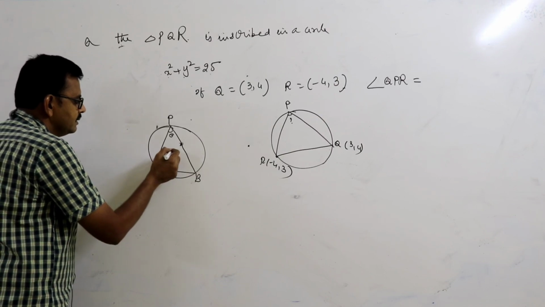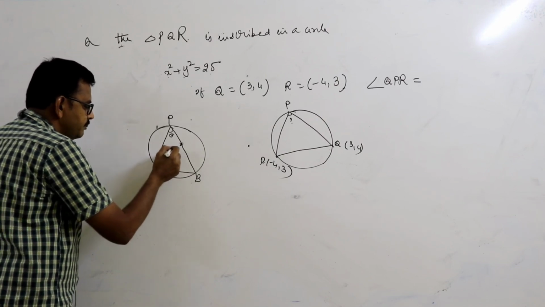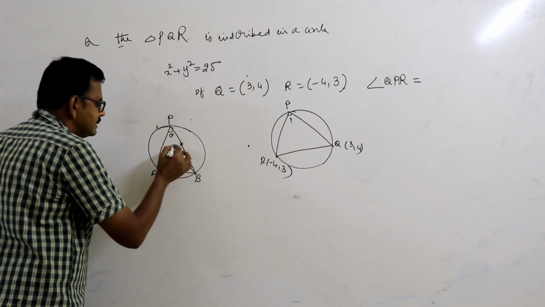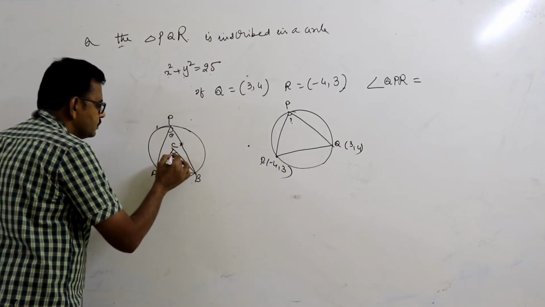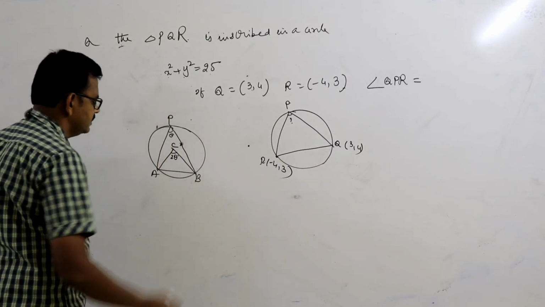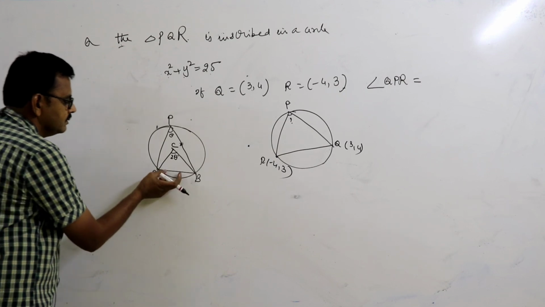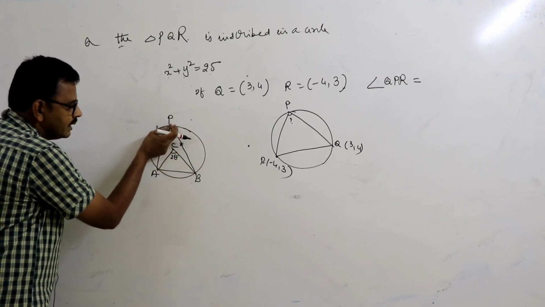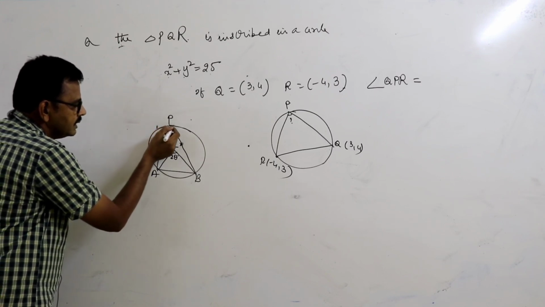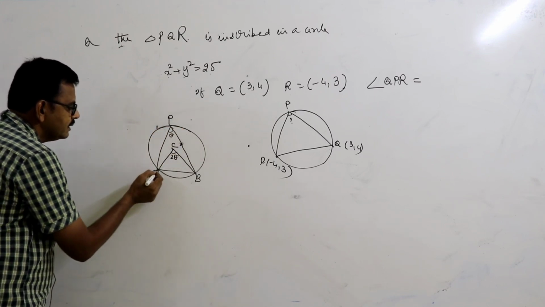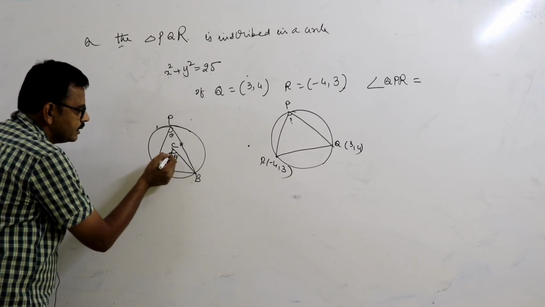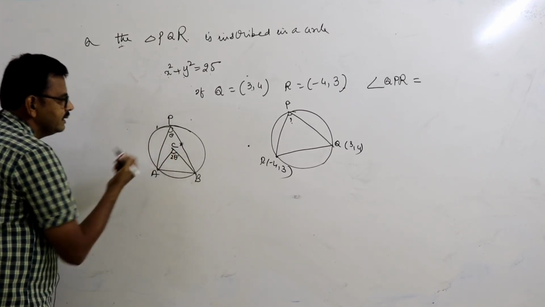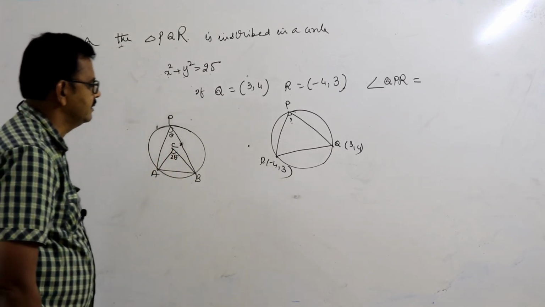Then AB makes an angle at the center of the circle of 2 theta. If the chord AB makes an angle theta at a point on the circumference of the circle, then AB makes an angle 2 theta at its center.